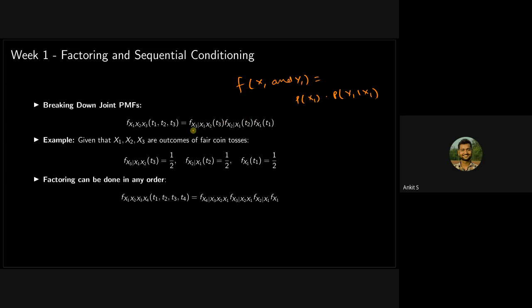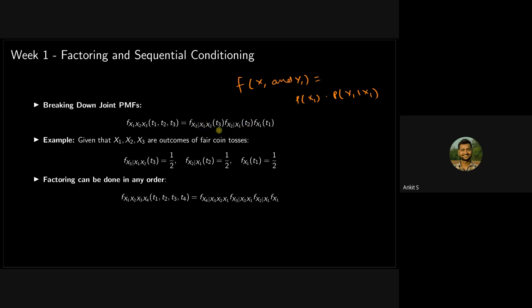So you can start either way. I started from here, but you can go the other way also. The probability of x1 being equal to t1, then the probability of x2 being equal to t2 given x1 has already taken some value, you can write x1 taking value t1.